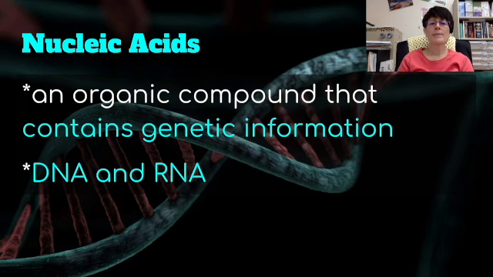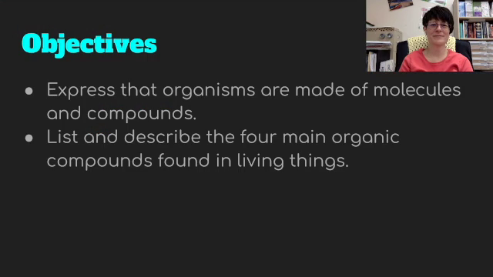But these nucleic acids are what determine really what we look like. They determine who we are, in our DNA. And we get our DNA from our parents. Half of our DNA comes from one parent, and half comes from our other parent.